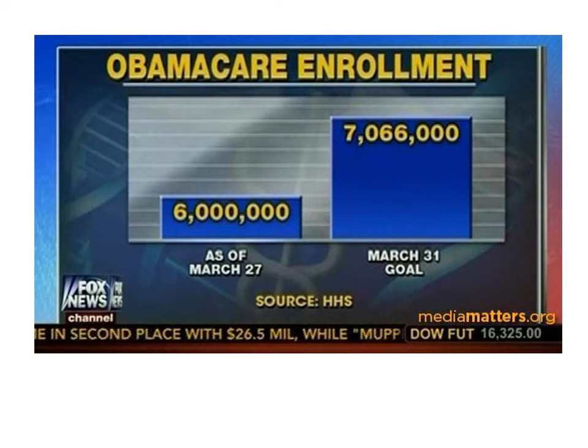On March 27th, there were 6 million people, and their objective was 7 million. But it looks like they're so far from their objective, because 6 million is clearly less than half of 7 million, right? All right, so thank you, Fox News.